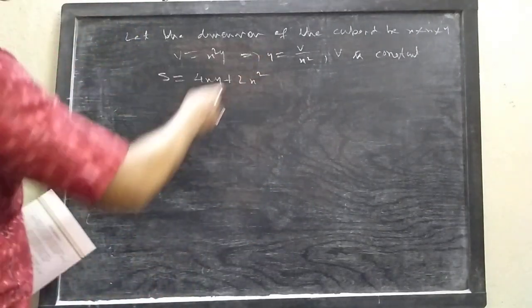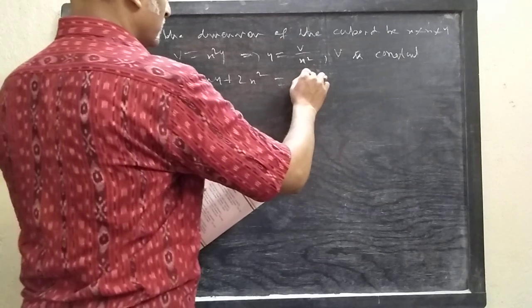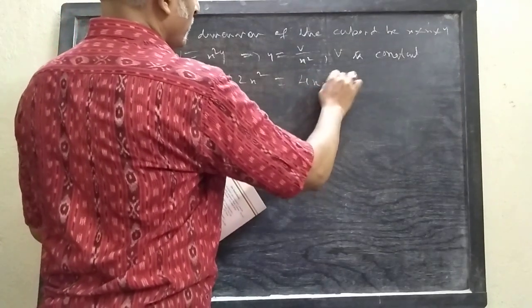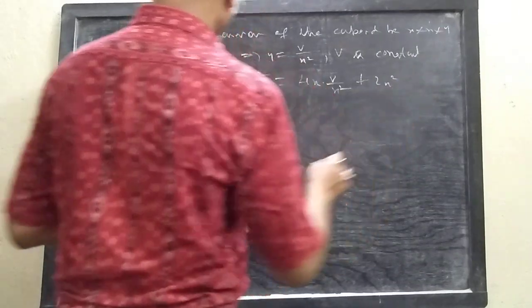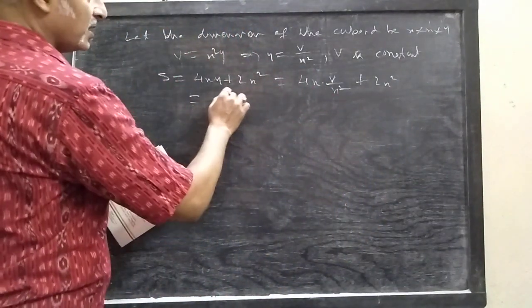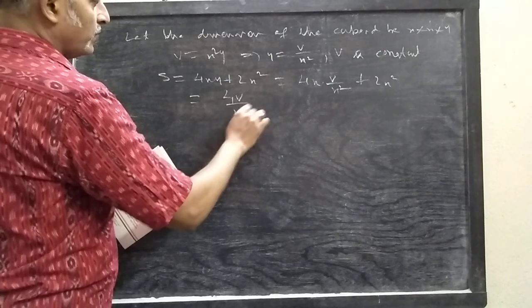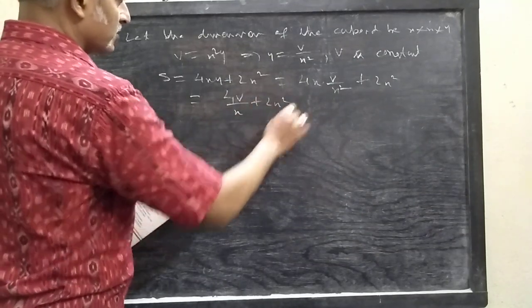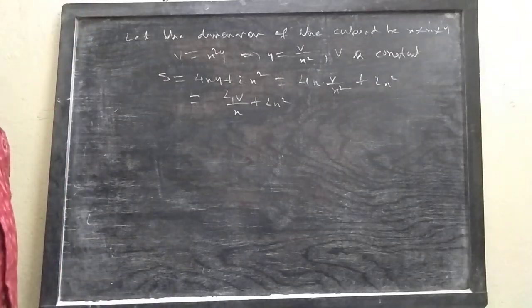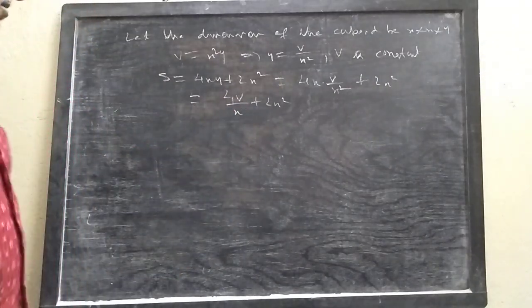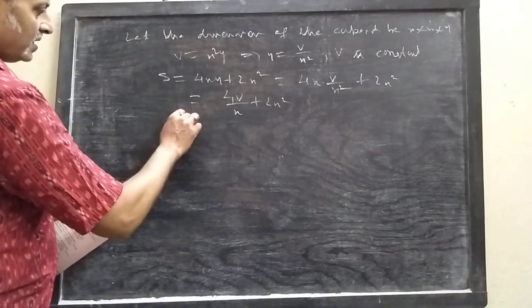Now substitute y using this relation, you get 4x into V by x square plus 2x square. So you ultimately get 4V by x plus 2x square. Look, your surface area is expressed in terms of a single variable x, where V is constant. Okay, now find dS/dx.